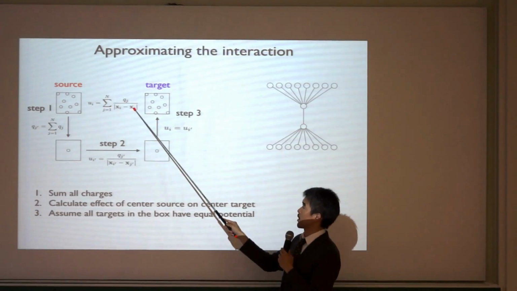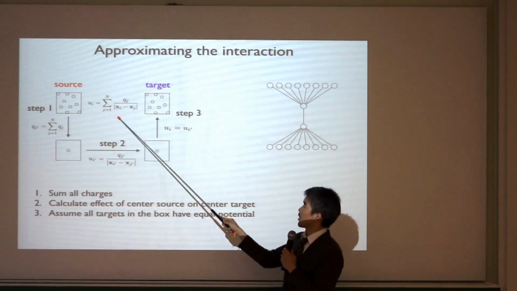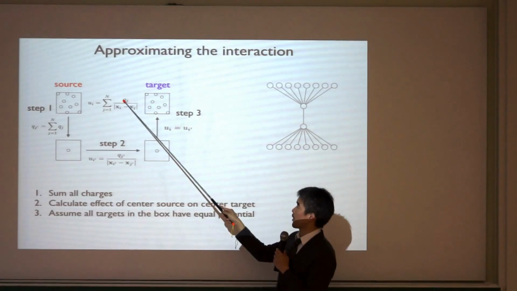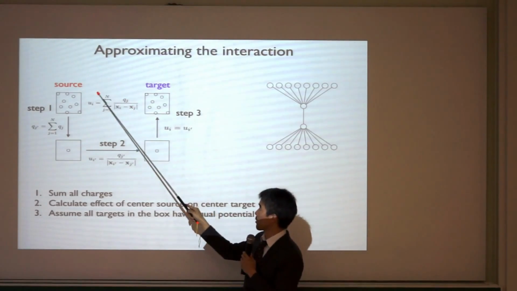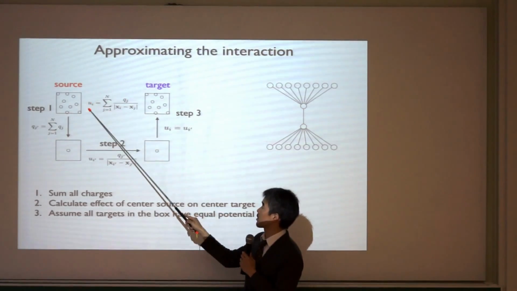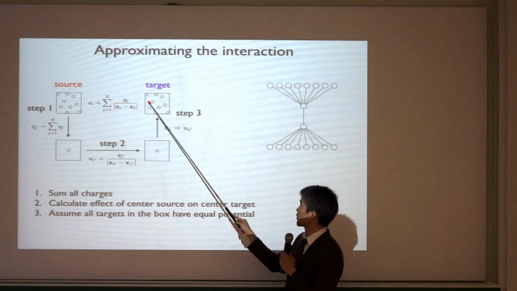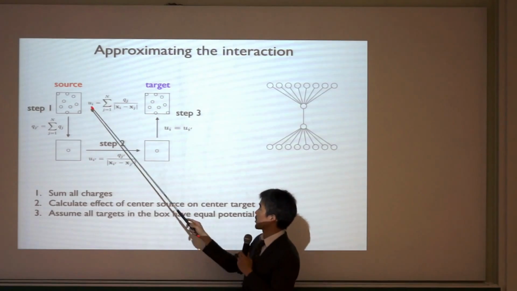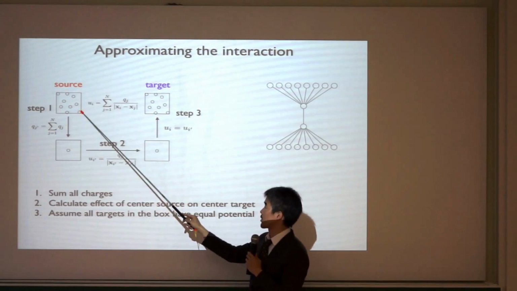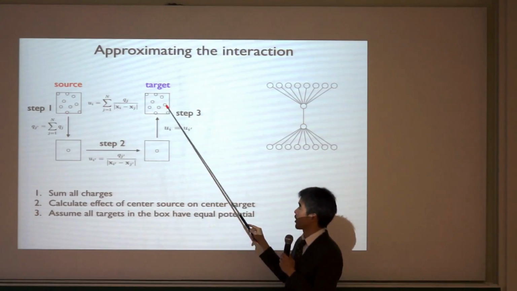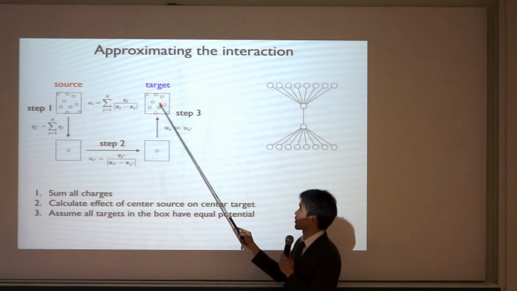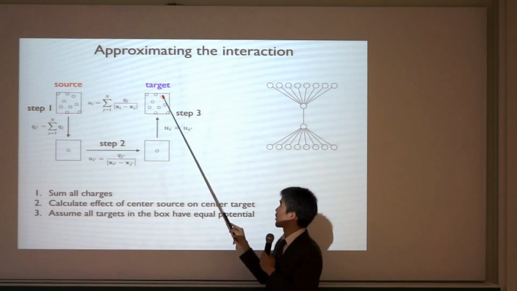So xi minus xj, the distance, and then you multiply the charge to that. And then you sum up all the effects, and then you get the induced potential, ui, at all those points. So consider these as the source points, and these as the target points, and say that these two are far away. So this one is over here, this one is over here.